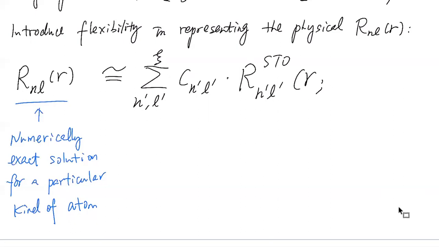And this STO function is a function of R, that's right, but its actual value depends on the parameter you specified. So I also write it this way, meaning this function depends on the actual parameter you use. So you can introduce the nl dependence for the parameter. This parameter becomes already a fitting parameter.